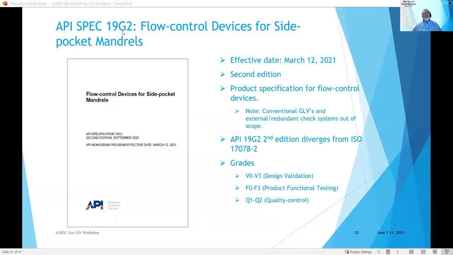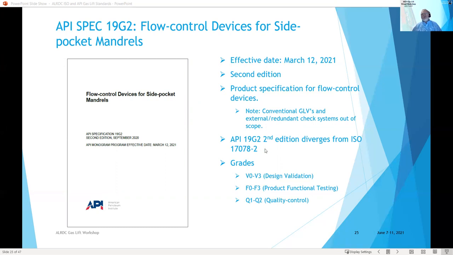So the next item we're going to talk about is API 19G2, or flow control devices for side pocket mandrels. The effective date for this is not too far back. It's March 12th of this year. This is a second edition, a product specification for flow control devices. Conventional gas lift valves and external and redundant check systems are out of the scope of this document.